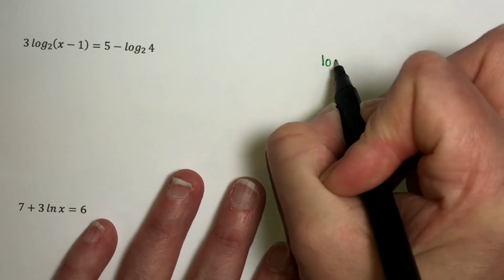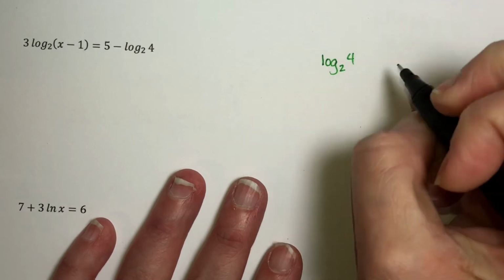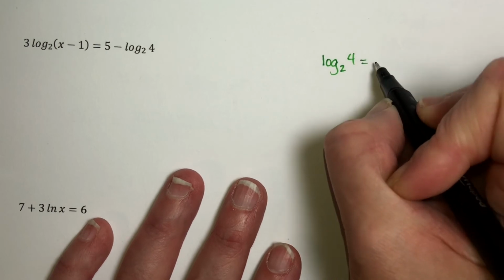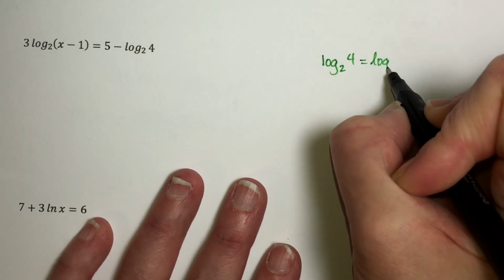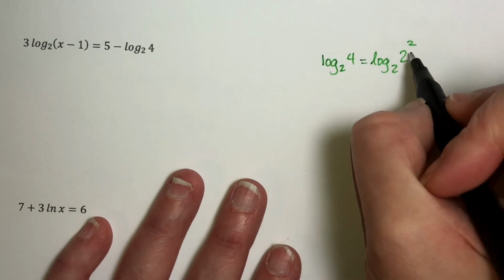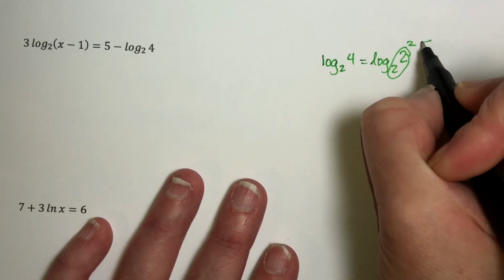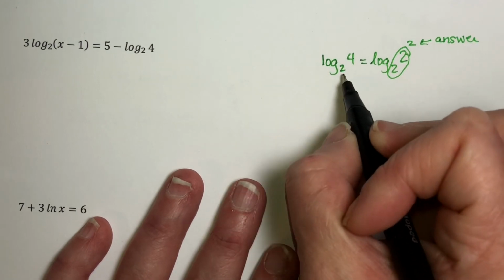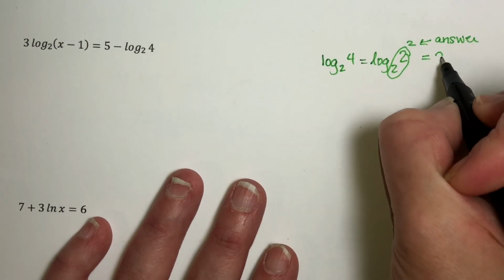I have log base 2 of 4. Can I rewrite 4 as a power of 2? Yes. This is log base 2 of 2 squared. These two are the same. That means that is my answer. So log base 2 of 4 is the same thing as 2.